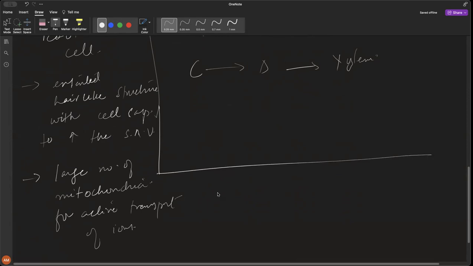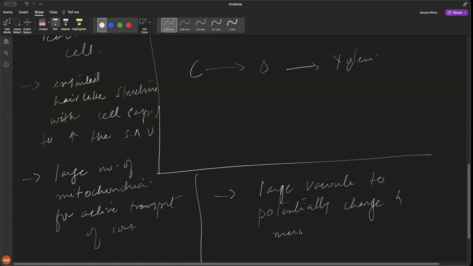And then we have another point, a large vacuole to potentially change and maintain the concentration gradient, right?